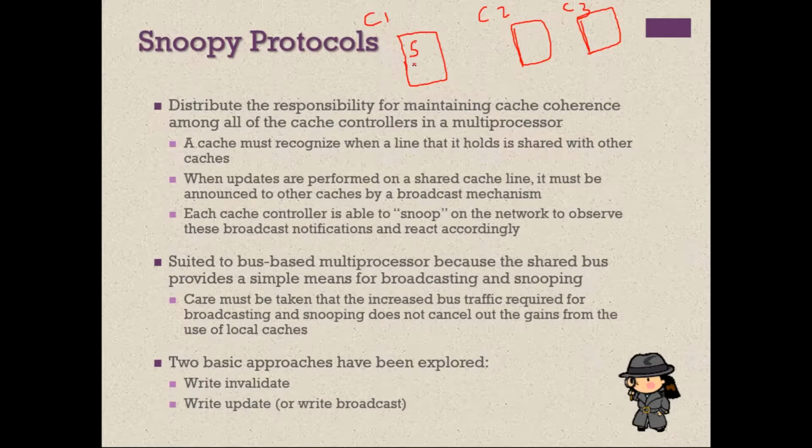The second line is not shared, which means it is exclusive. The third line is also exclusive. The first line of cache 2 is shared, the second line is also shared, the third line is not shared. The first line of cache 3 is not shared, its second line is shared, its third line is not shared, that is exclusive.